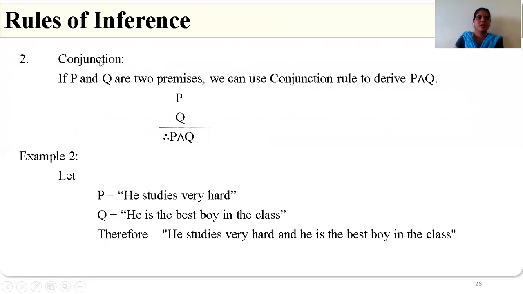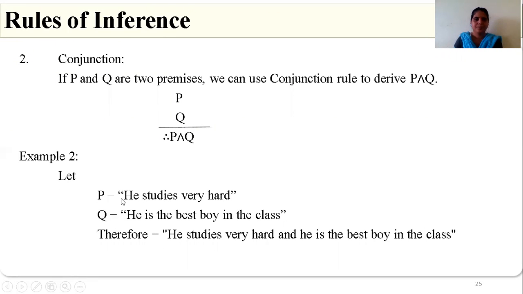The second one is conjunction. Conjunction is defined as follows: if P and Q are two premises, then the conclusion for the conjunction rule is P and Q. P is the first premise, Q is the second premise, therefore the conclusion is P and Q according to the conjunction rule.